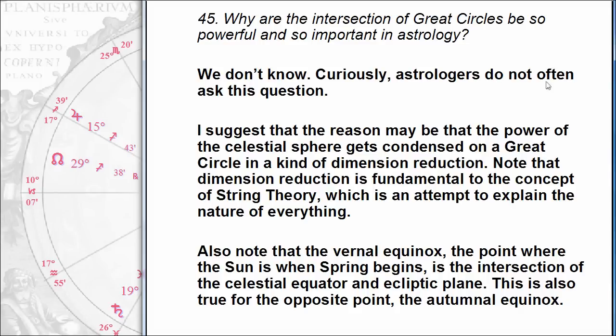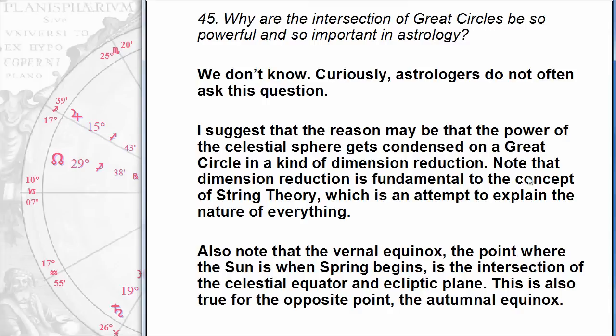So I will suggest to you a reason that the intersection of great circles might be so powerful: you can think of the great circle as the entire celestial sphere condensed, the whole power of it condensed into two dimensions. The three-dimensional, spherical reality all around us condenses down into a circle.